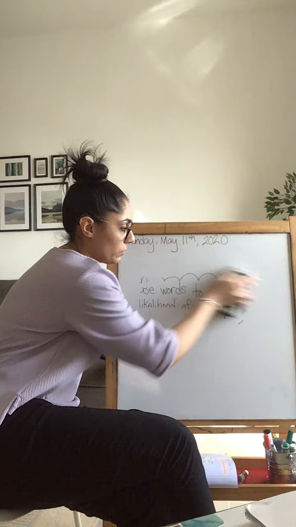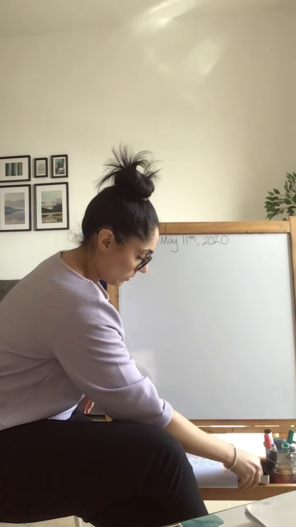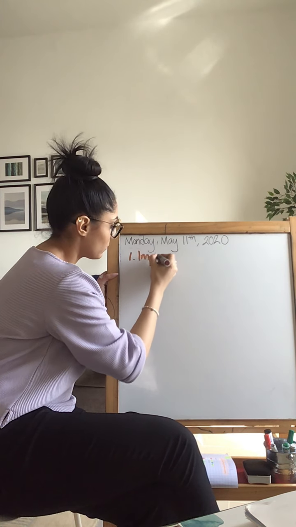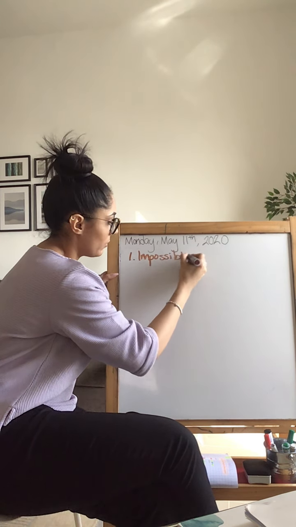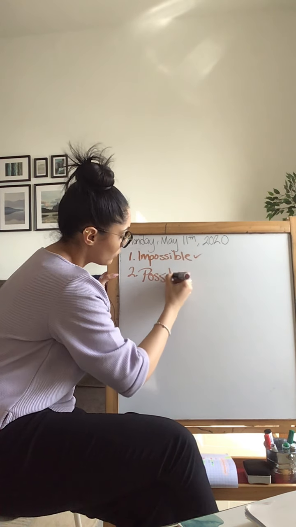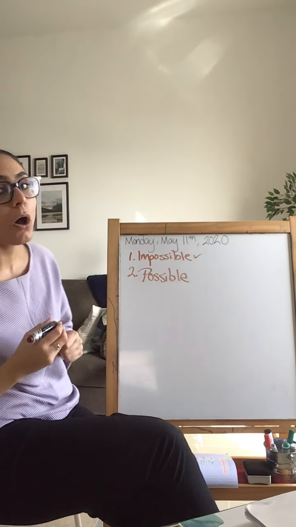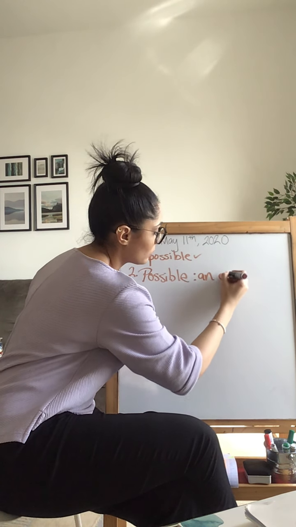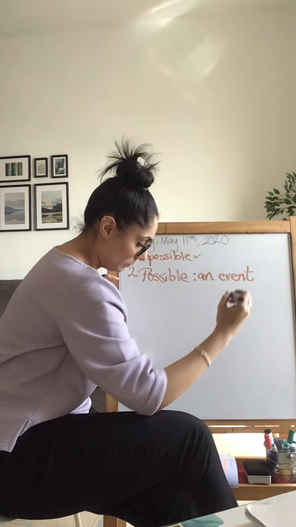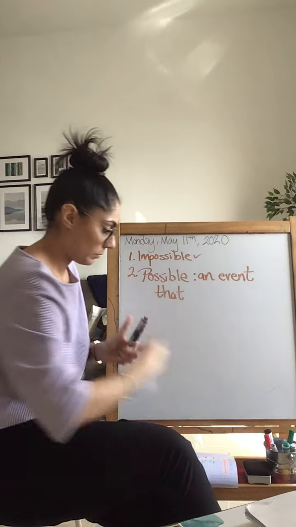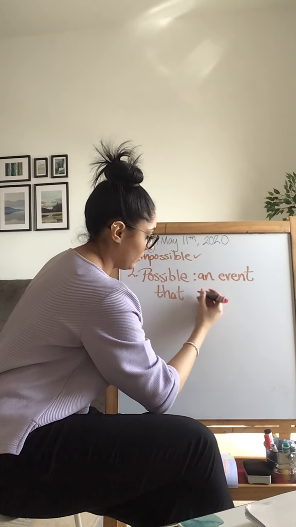Okay, let's look at number 2 and number 3 of the first group. So number 2, and I'll write number 1 just so I can talk about it. Okay, you're done with number 1. Okay, number 2 is possible. Something that is possible, that means that is an event that can happen, right?